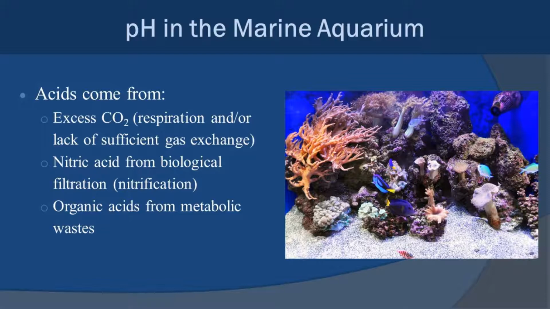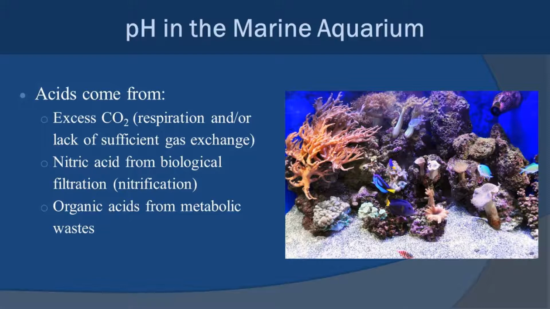Also, nitric acid forms through biological filtration processes, and that does add to it to a small degree as well. And then if you have organic acids from metabolic waste, all these things will eventually continue to decrease that pH over time. Now, this is the same thing that happens in the ocean.